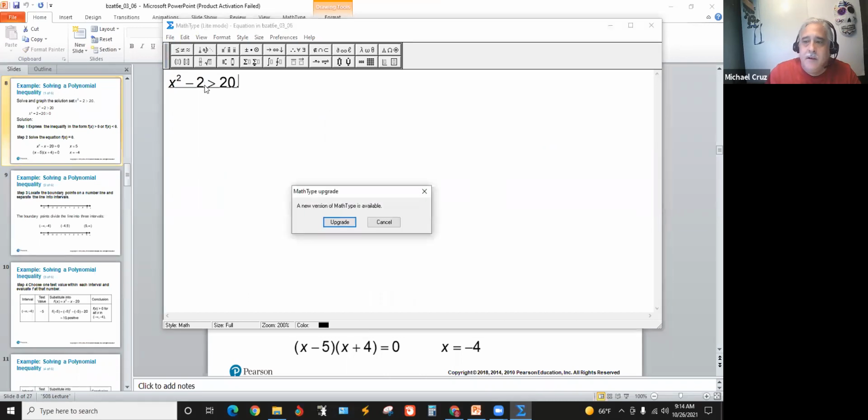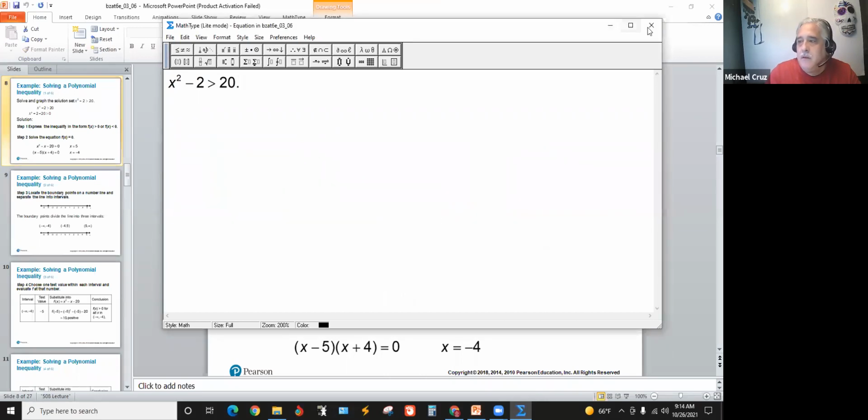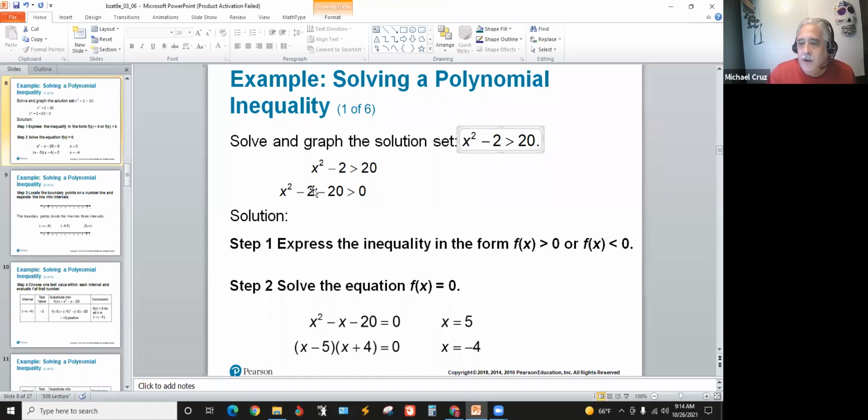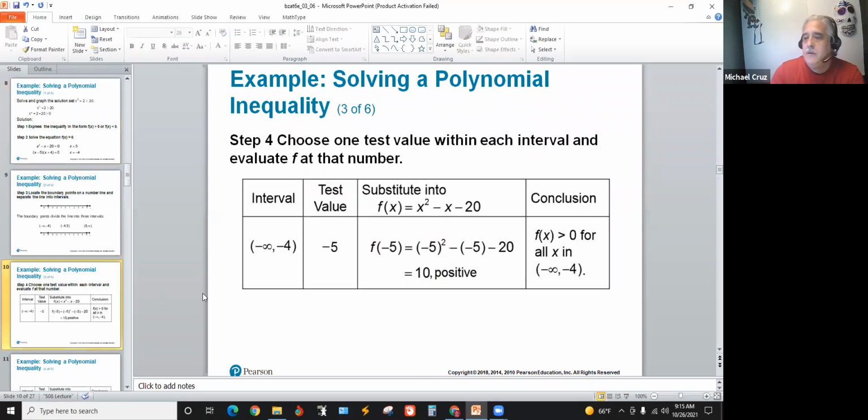There should be an X there. I don't have the way to edit it, but that should be an X, not a 2. So just realize this is what it should be on the left, and then the 20 was over there to start with. All right. So this was true with the original inequality.